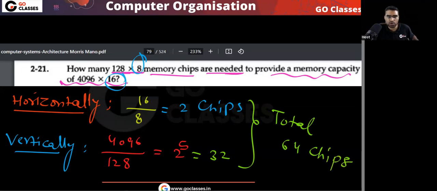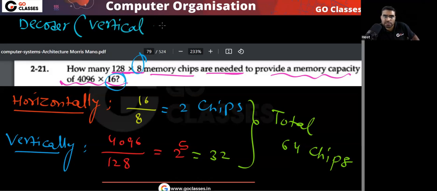What about the decoder size? What will be the decoder size in this question if I ask you? The decoder is used for the vertical arrangement, right? Yes or no? For the vertical arrangement, a decoder is used.